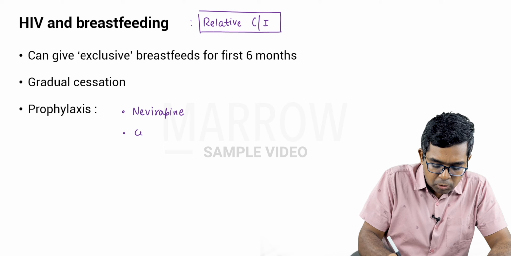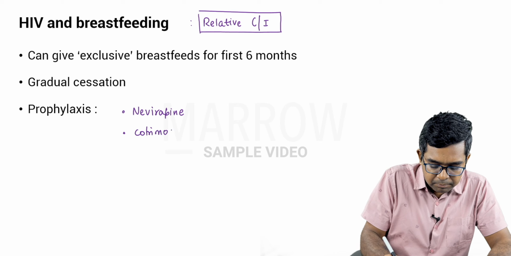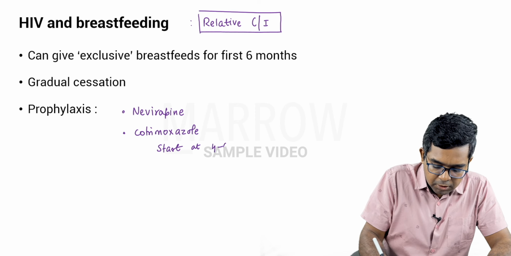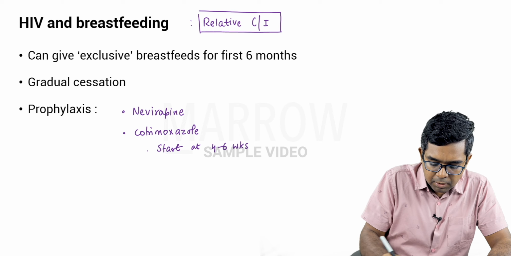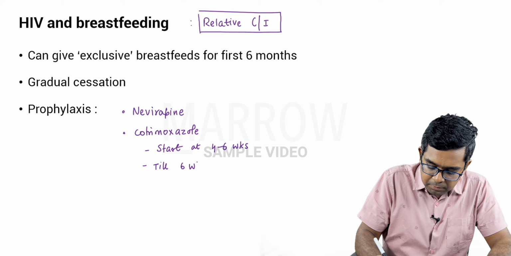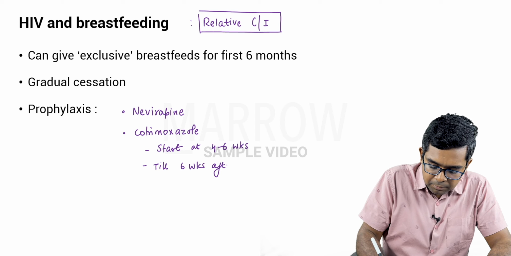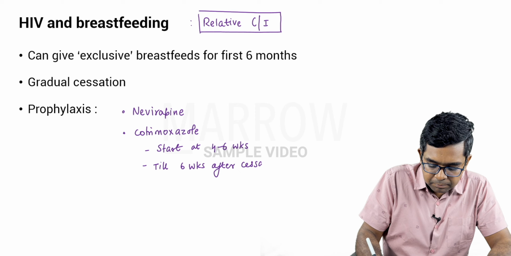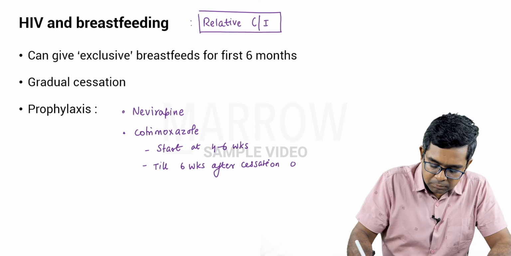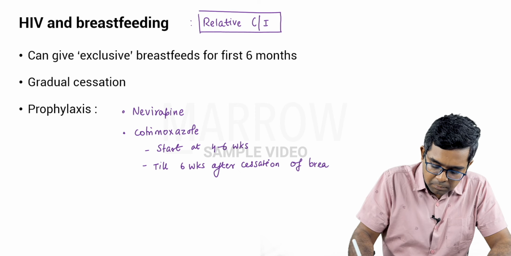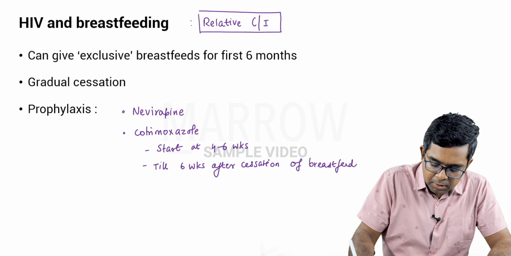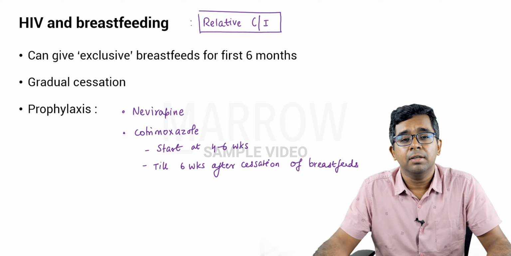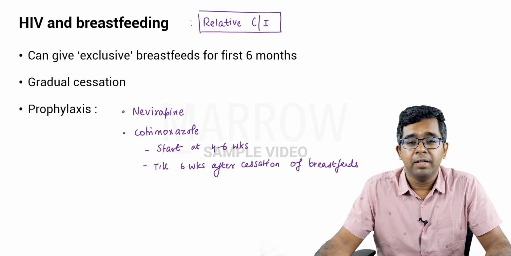And one more is cotrimoxazole prophylaxis, which has to be started at 4 to 6 weeks after birth, and it should be continued till 6 weeks after cessation of breastfeeding. Okay, these are the recommendations when we have an HIV positive mother who is feeding her child.